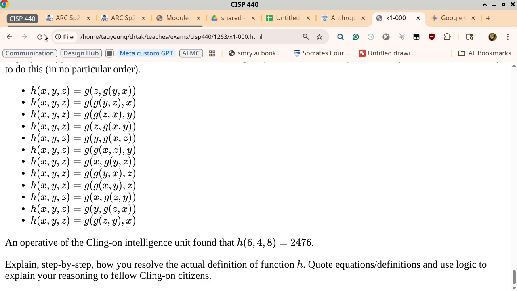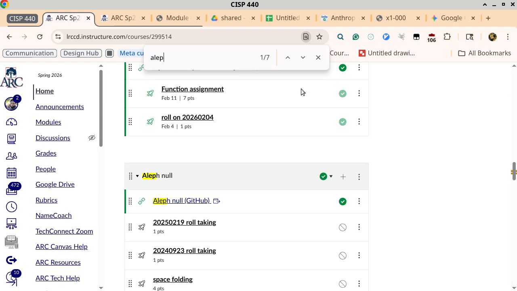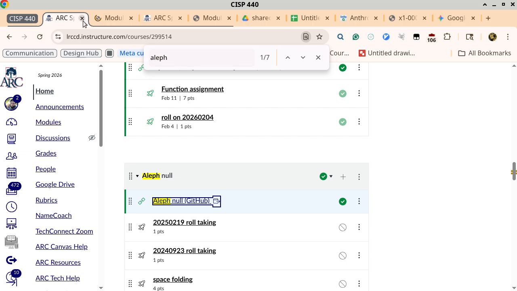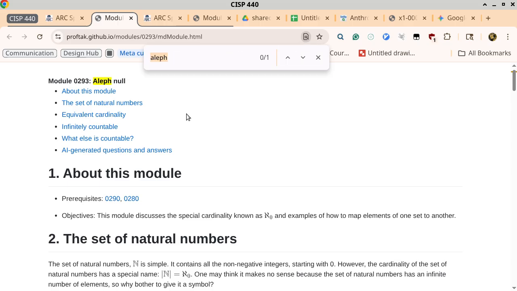I cannot remember the G inverse function myself, so I'm going to have to look it up. We'll look for the Aleph No module. Okay, open it up, and then we'll look for the inverse function.